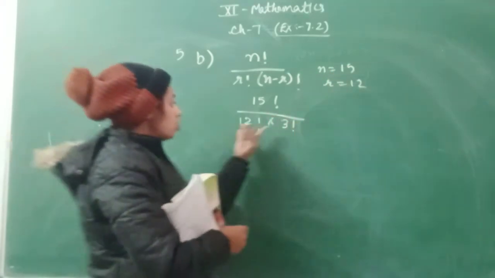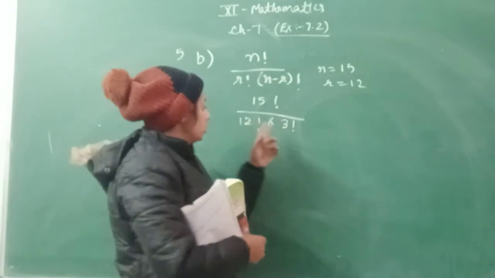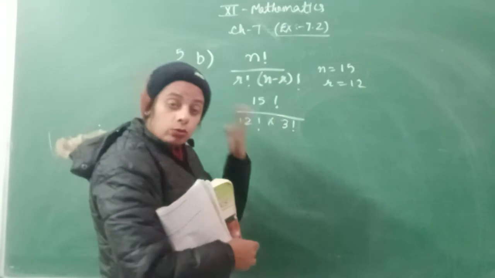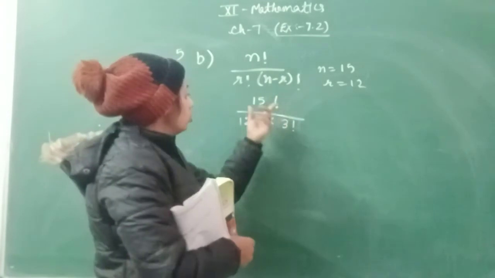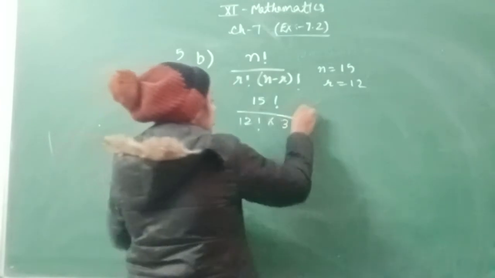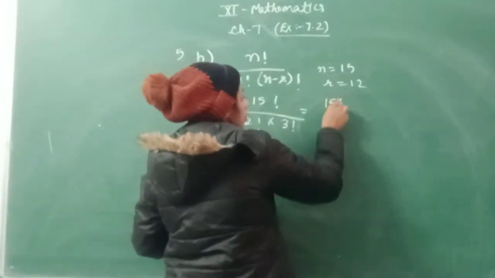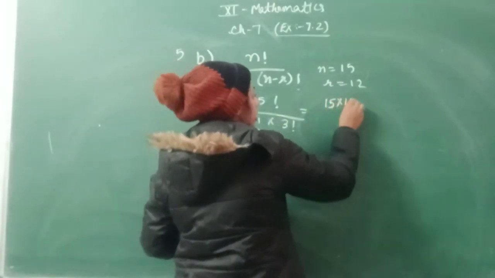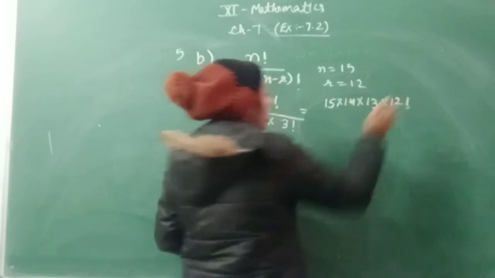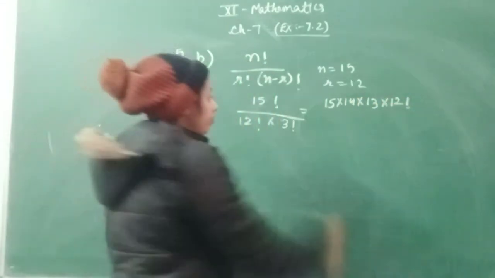If I just observe the denominator term, there is 12 factorial, and comparing with the numerator, 15 factorial is greater than 12 factorial, so I will expand this factorial: 15 into 14 into 13 into 12 factorial. I will stop at 12.